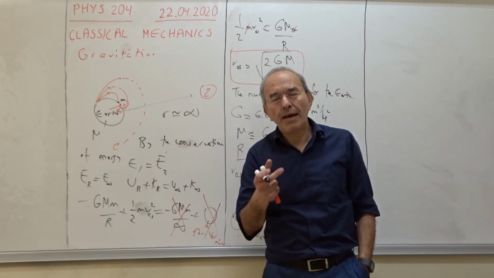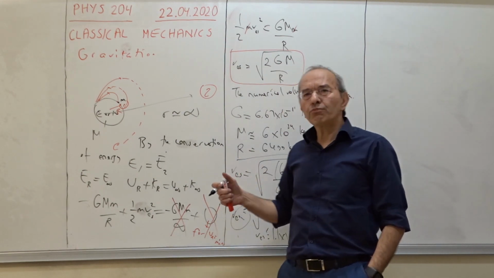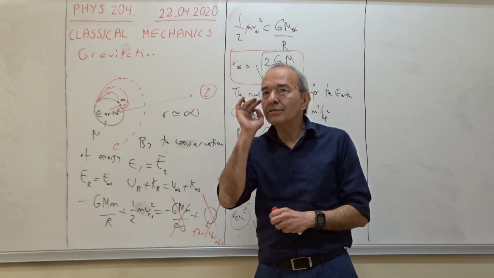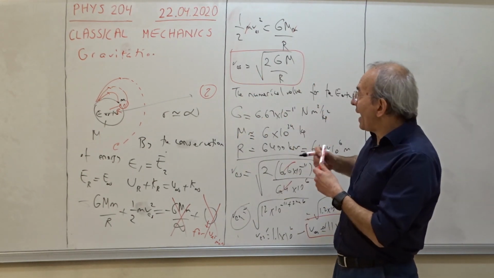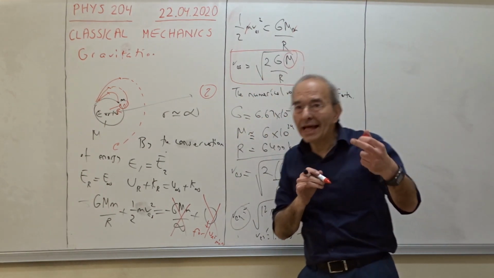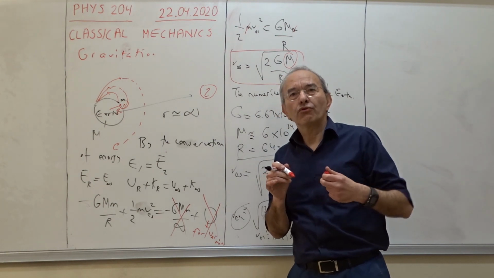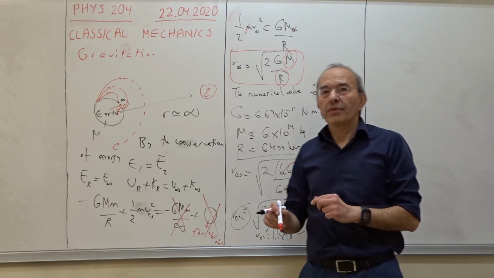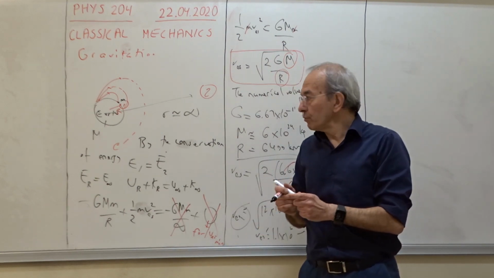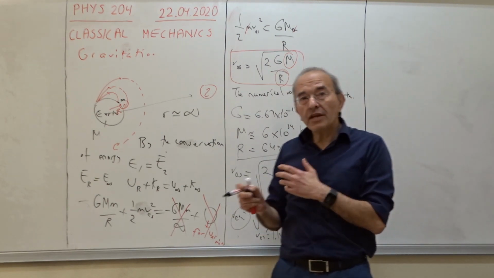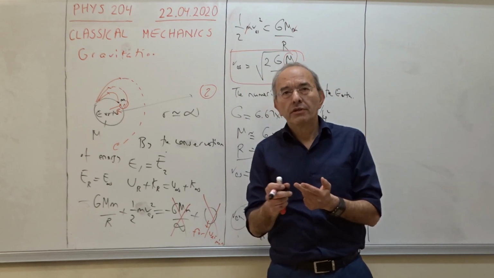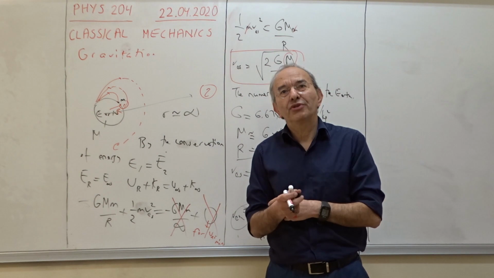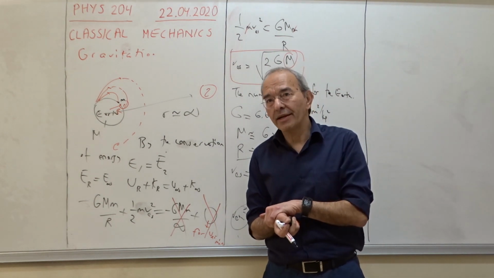This velocity, if you put the correct data, because the escape velocity depends only on the mass of the planet from which the object will be thrown, and the radius of that planet. For example, we can find the escape velocity for Jupiter, for the Moon, even for the Sun, if it is possible, for example, for Mars, etc.